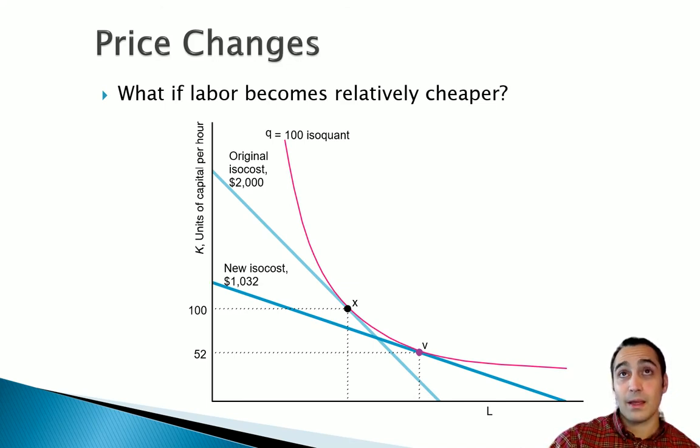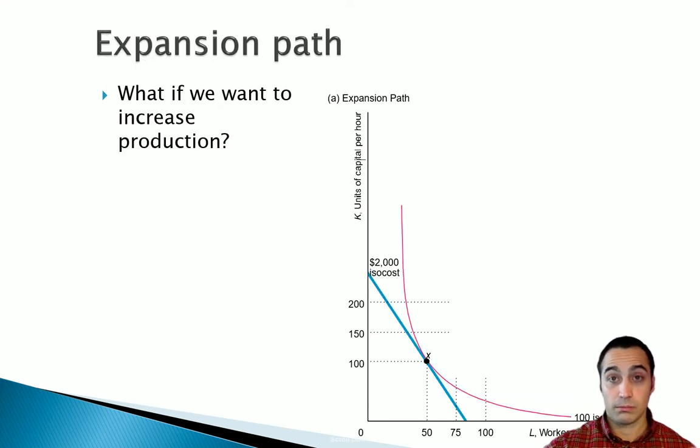And if we make labor relatively cheaper, you'll note that we move along the isoquant to a labor to capital ratio that is higher. So all the same types of intuition we built doing the consumer problem, all the same tricks happen here. Again, the only difference is we're looking at labor and capital, not good one, good two.